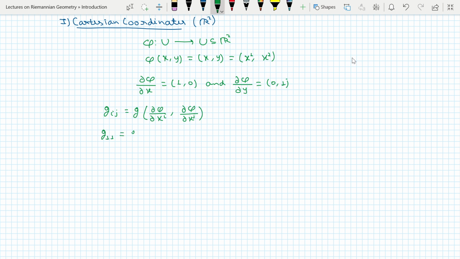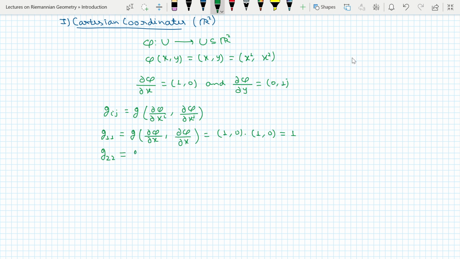let's find out G11. So G11 will be g of del phi over del x, comma del phi over del x. So this is the dot product of (1, 0) with (1, 0) itself. Del phi over del x is (1, 0). So this is equal to 1. What is G22?